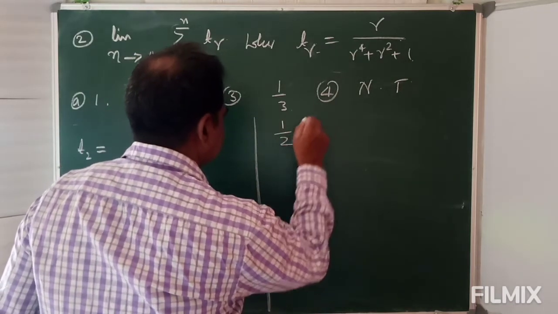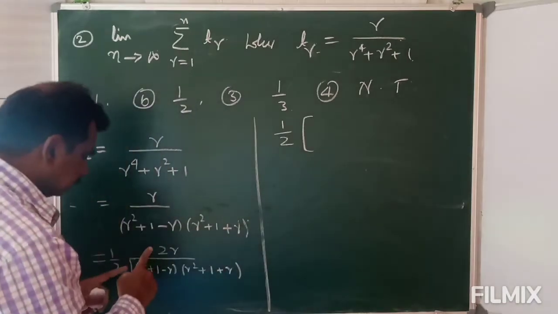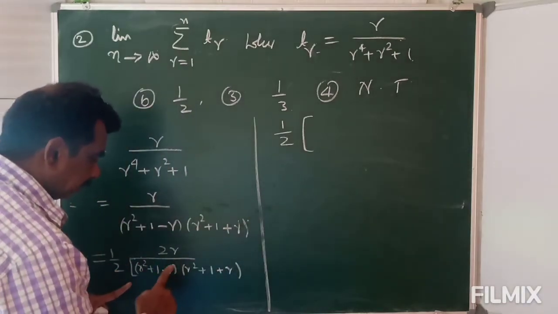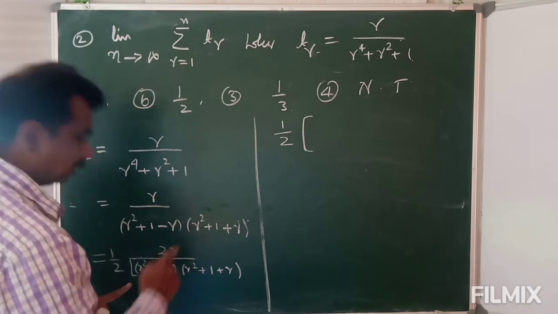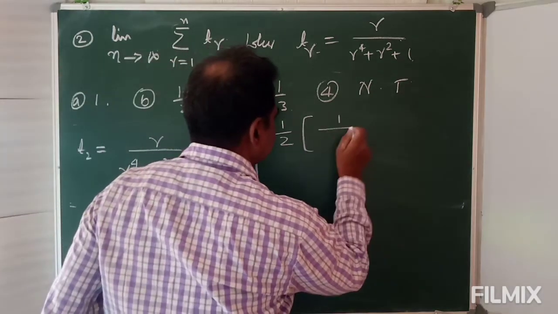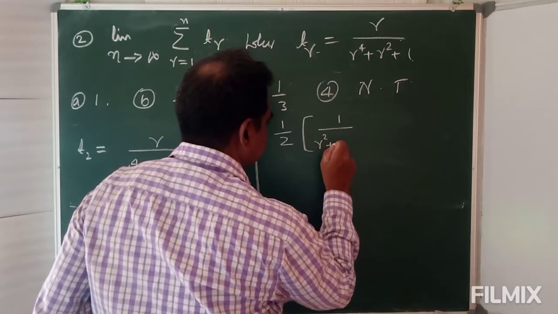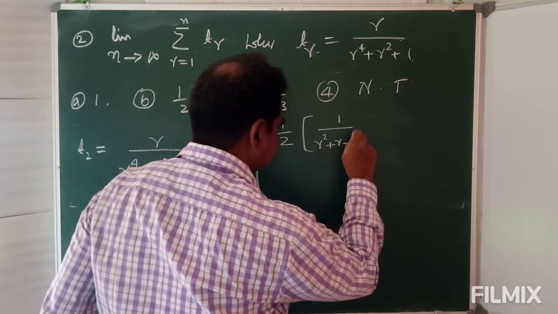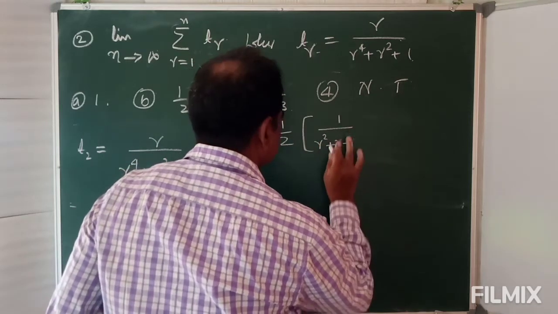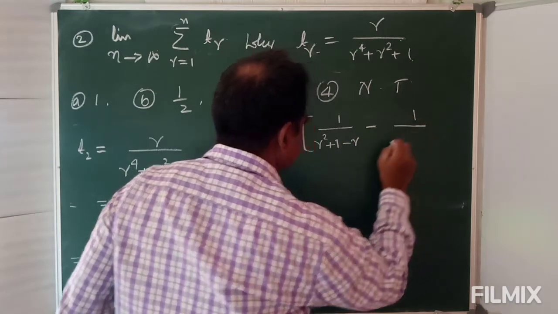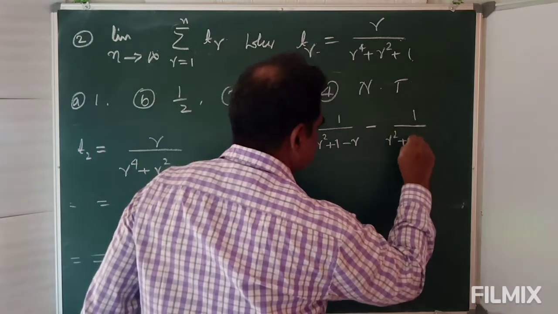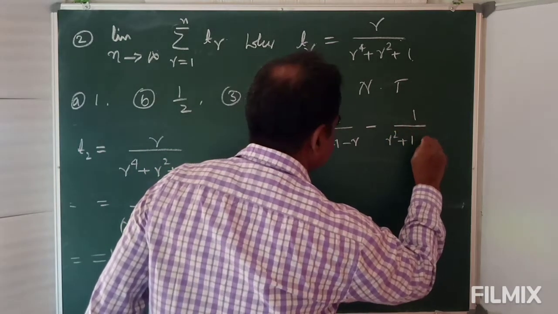1 by 2 into this divided by this, because minus into plus, minus into minus, plus. That is 1 by r square plus r minus r minus 1 by r square plus 1 plus r.